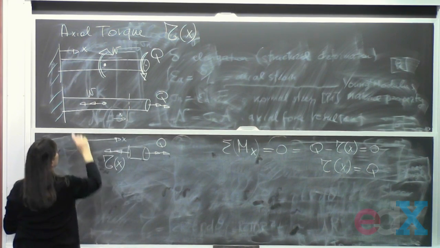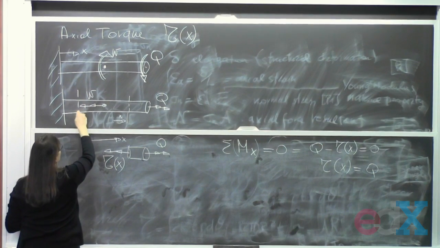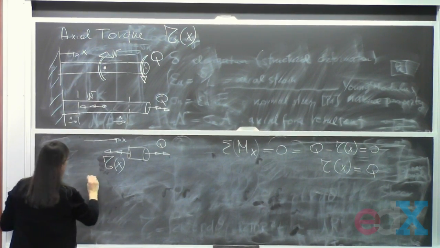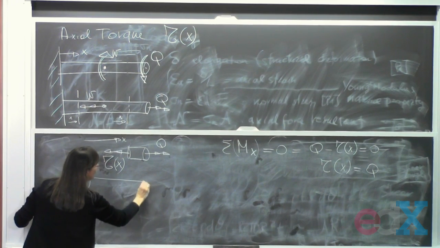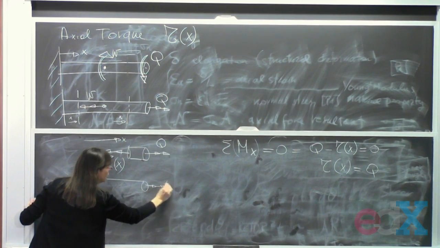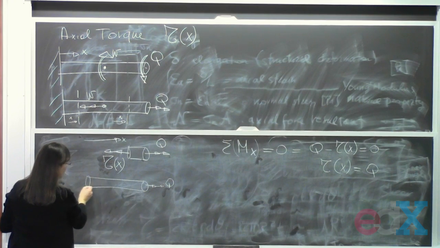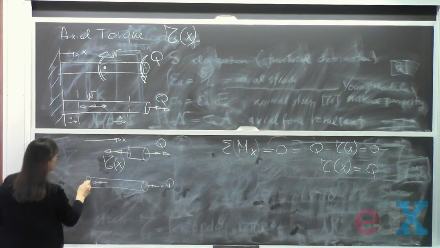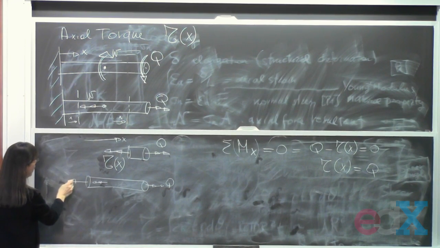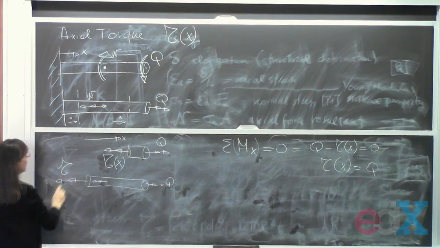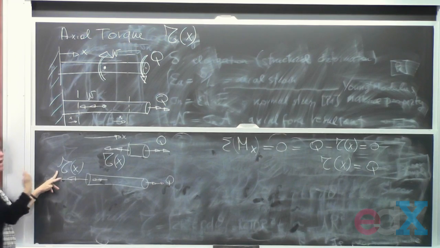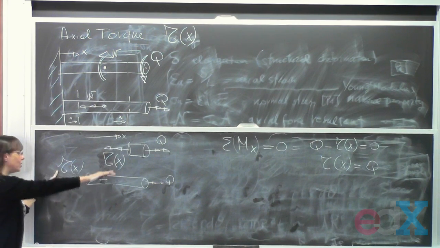If now I cut at a different x, say I cut here, past the point where W is applied, and I get this whole shaft up to here so that I see Q and I see here W, where I cut, I still expose T of x. Always come out. Remember, always out. If I was cutting and looking at the other side, it would come out the other way.